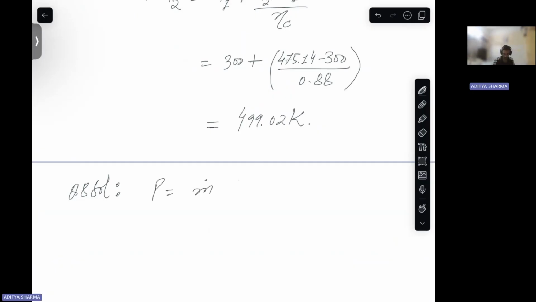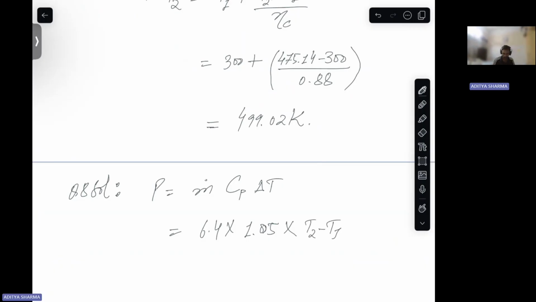This is mass flow rate into Cp into delta T. Mass flow rate is 6.4, Cp is 1.005. This will come in kilowatts only, because this is kilojoule per kg Kelvin.